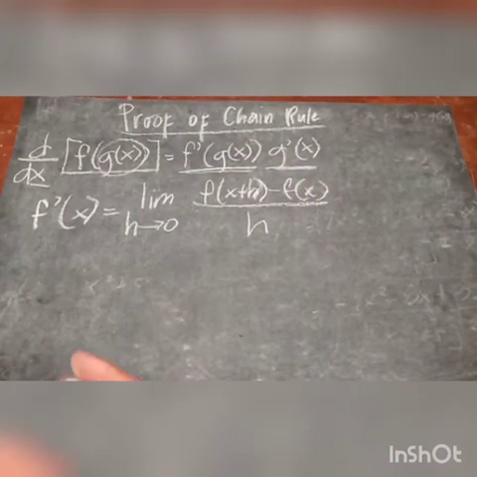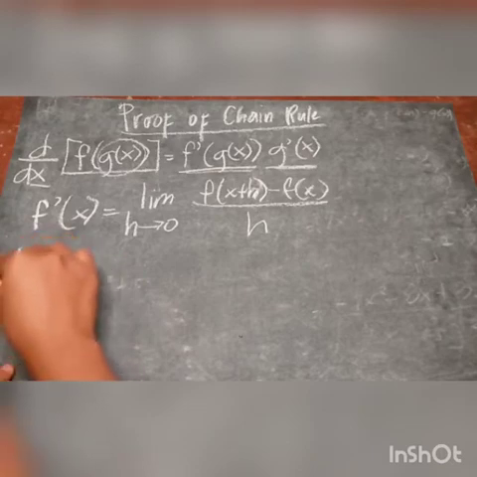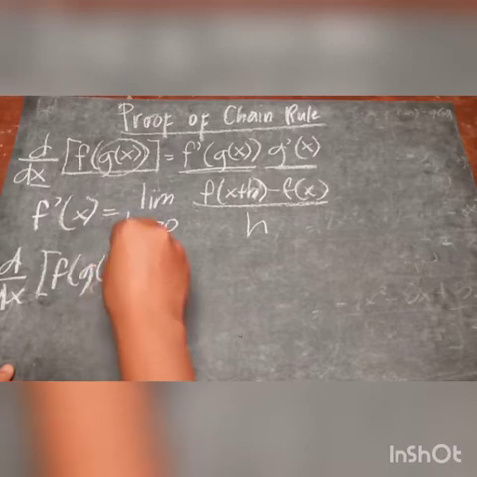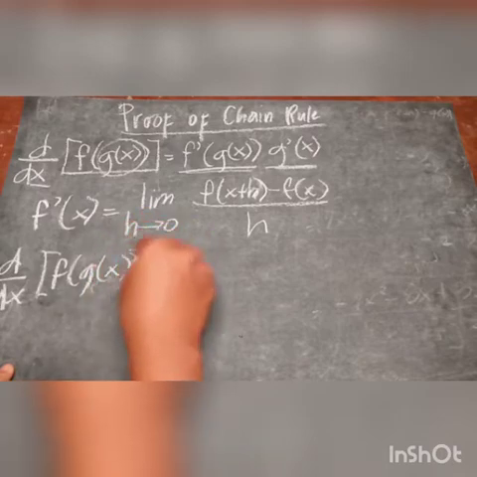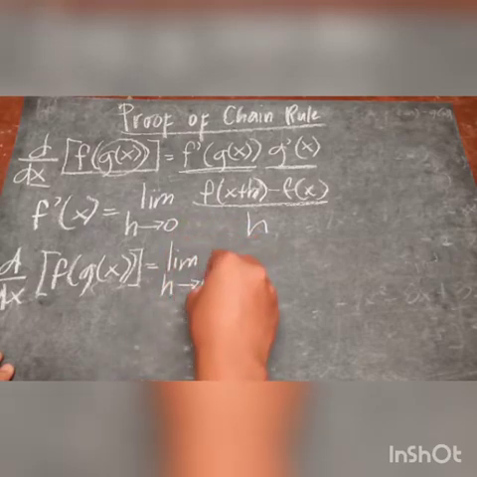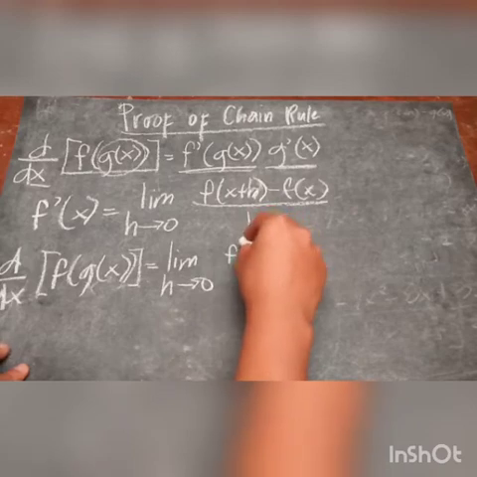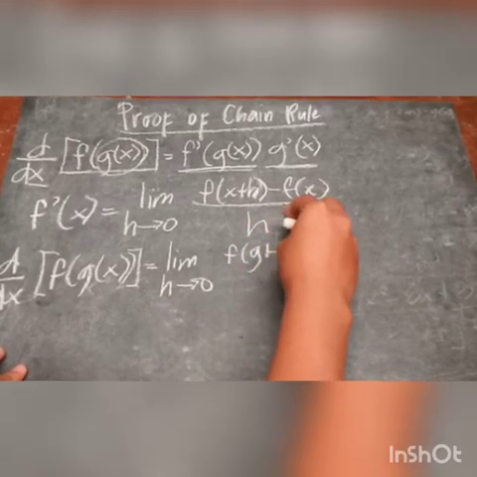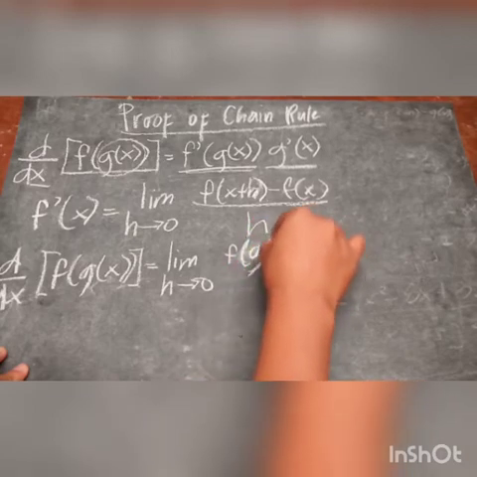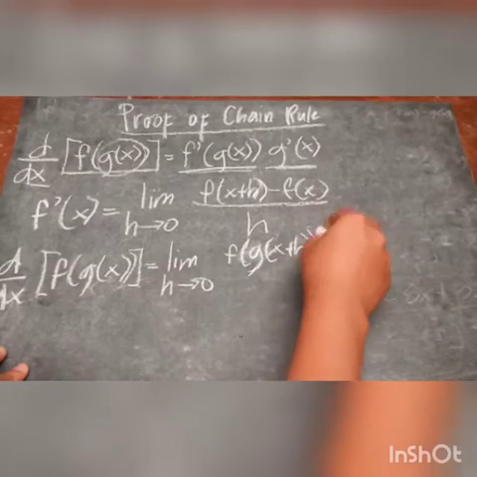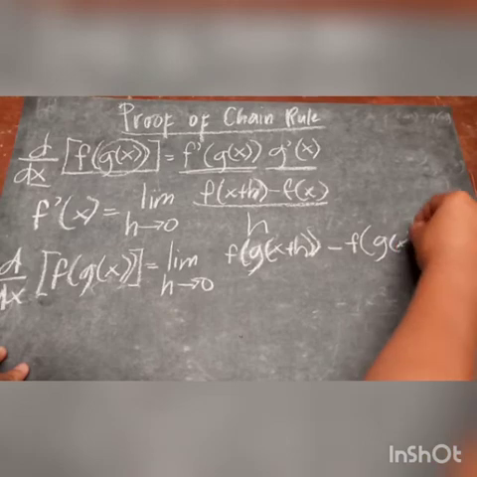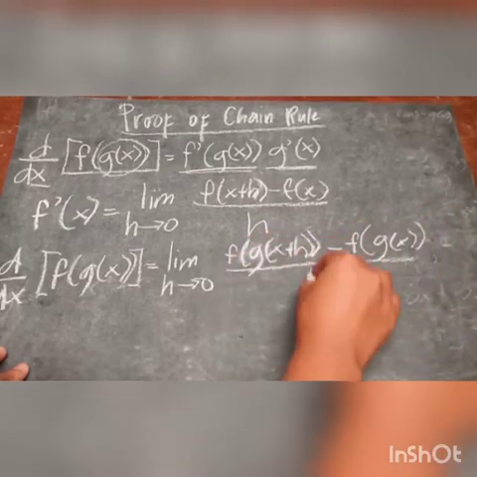So we will now have the derivative of f of g of x is equal to the limit as h approaches 0 of f of g of x plus h minus f of g of x over h.